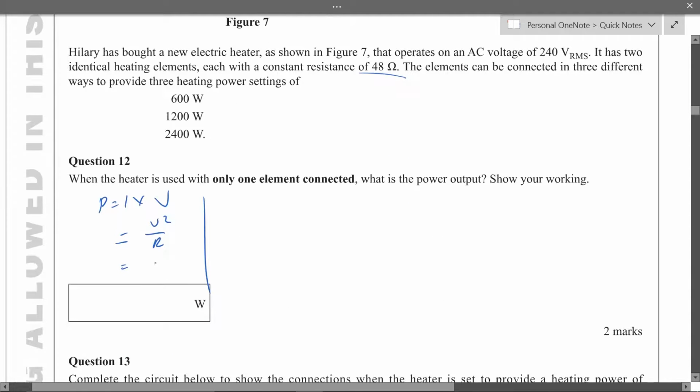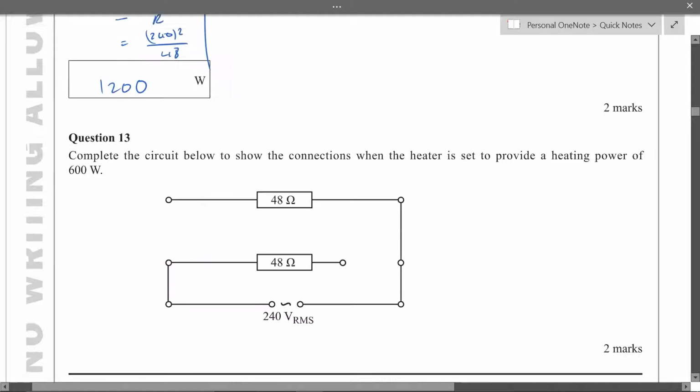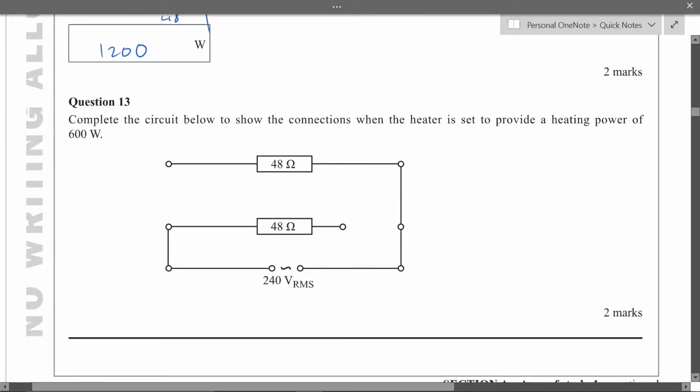Since there's only one element, we only use 48, and that simplifies to 1200.